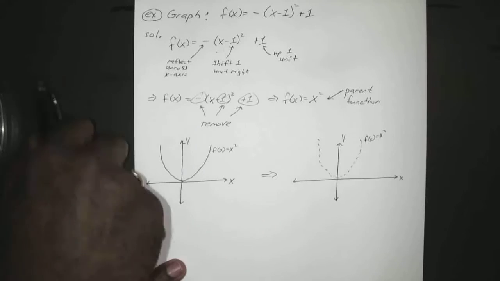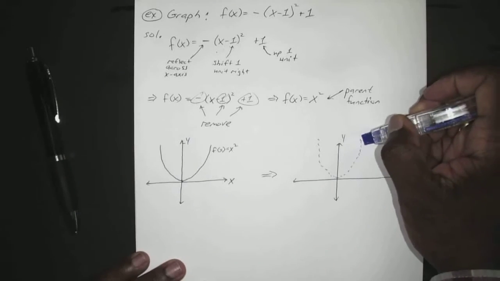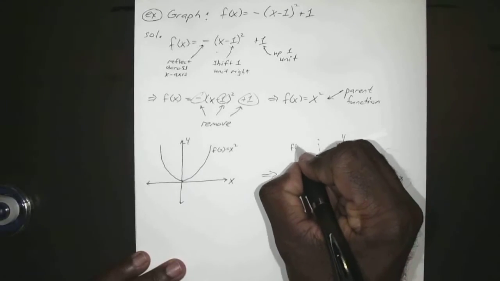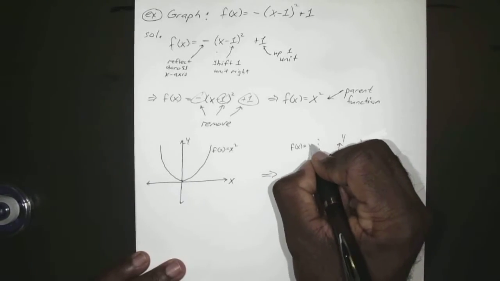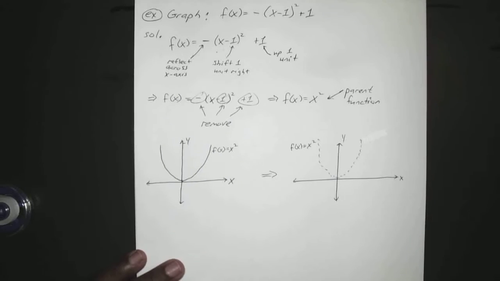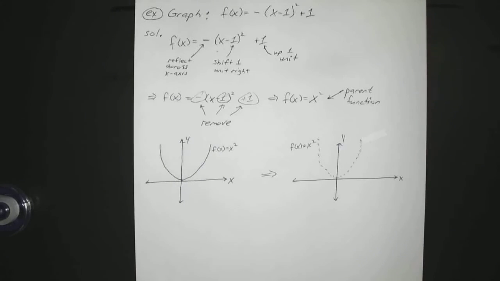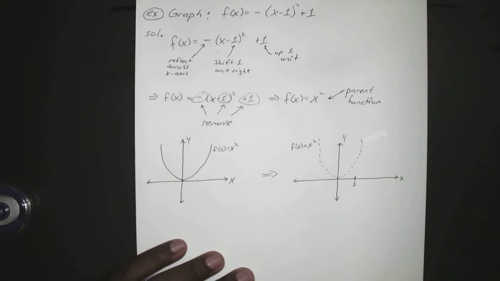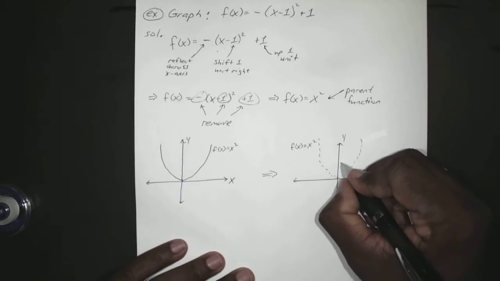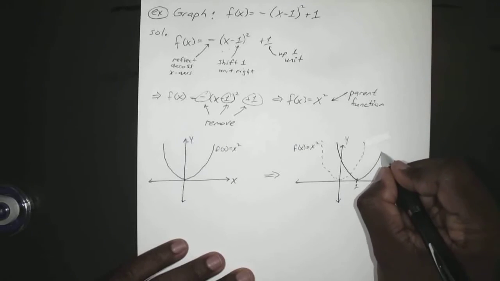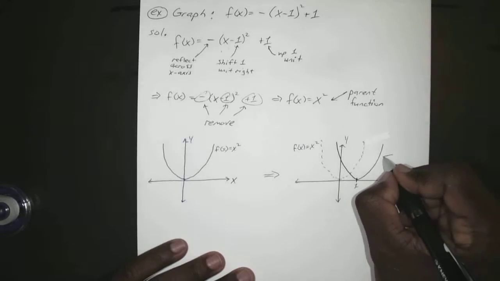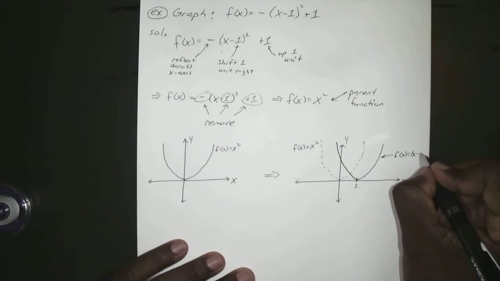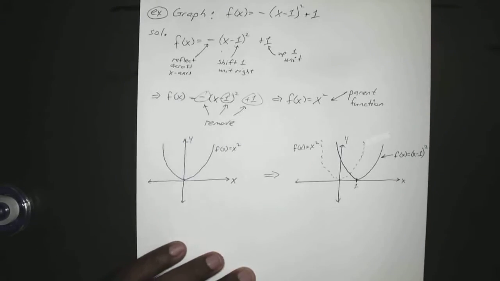I should have written that on the other side since I'm shifting that to the right. Okay, so since we're shifting that to the right 1 unit, let's say this is our 1 here, and that whole graph just shifts that way. So this is our f of x equals x minus 1 squared.